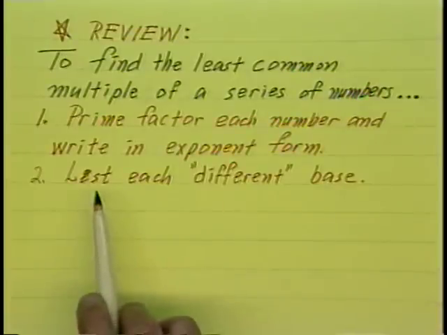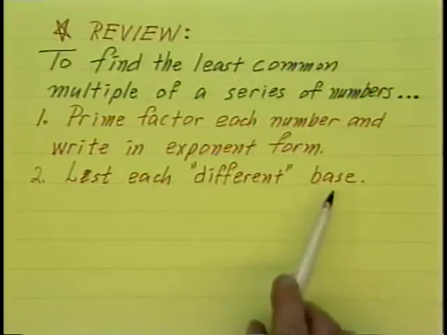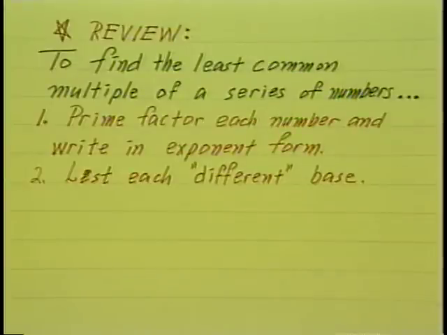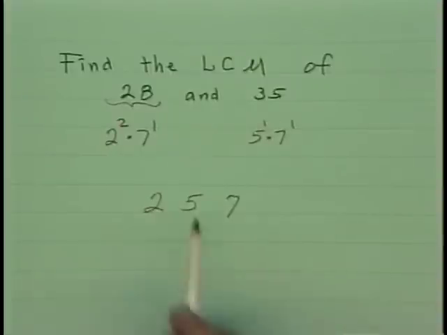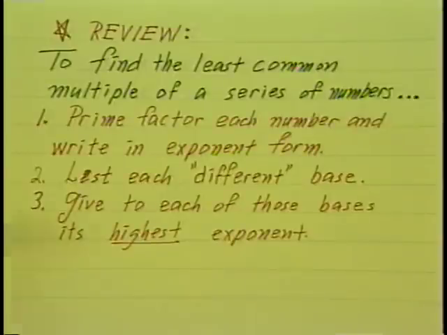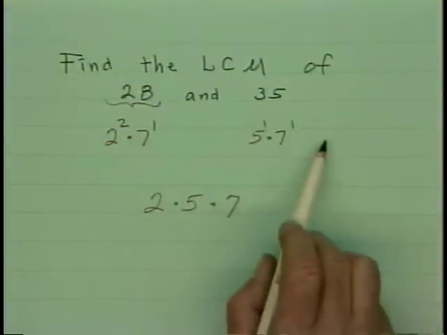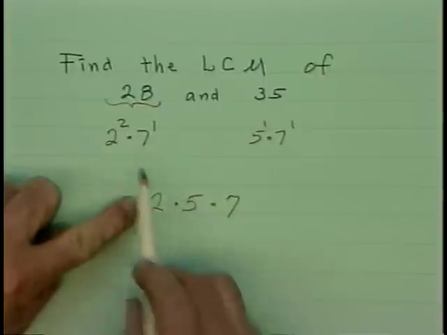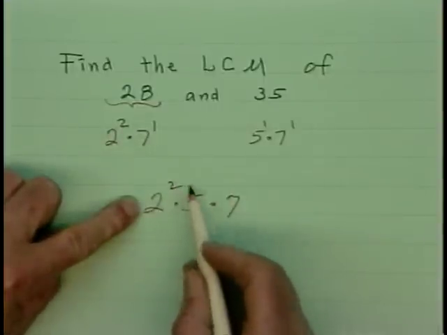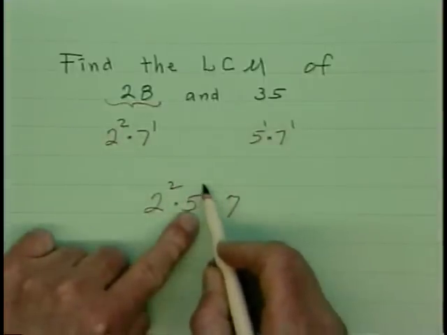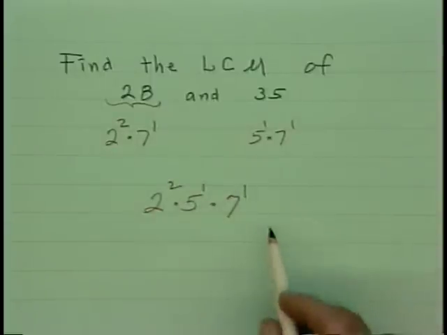Then we were asked to list each different base of those prime factorizations. In this case, a 2, a 7, and a 5. And finally, give to each of those bases its highest exponent used in the initial prime factorizations. So 2 has the highest exponent of 2, 5 is 1, and 7 is also 1.